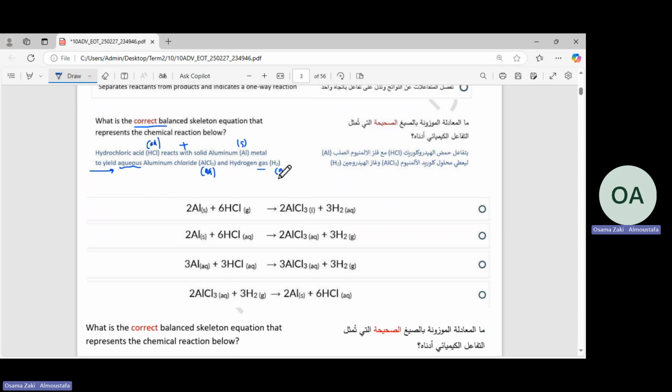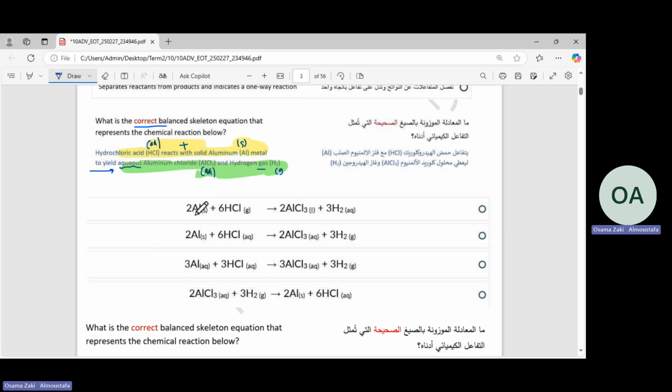These are the reactants, and these are the products. And this is the arrow which separates the reactants and products.